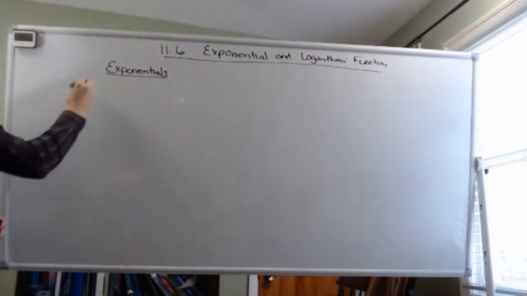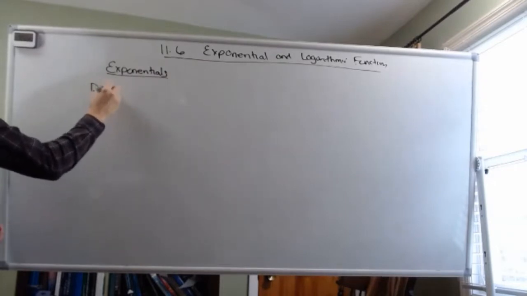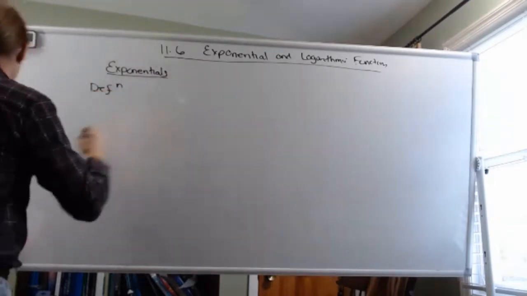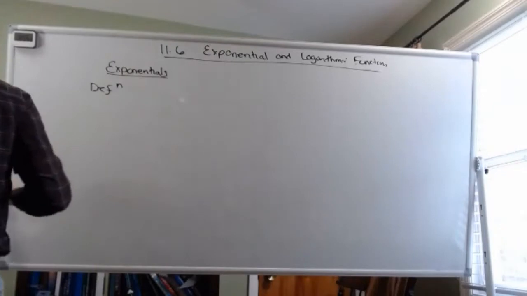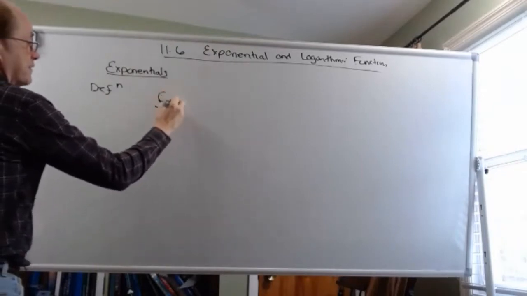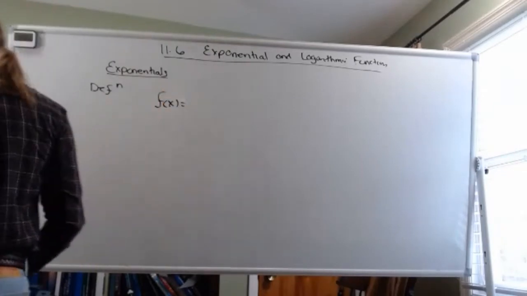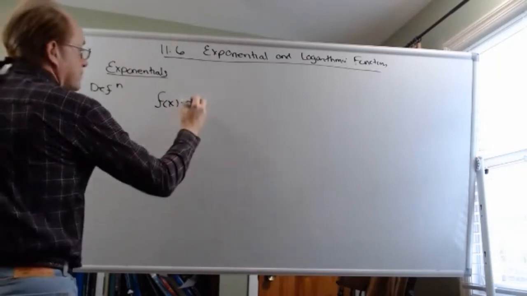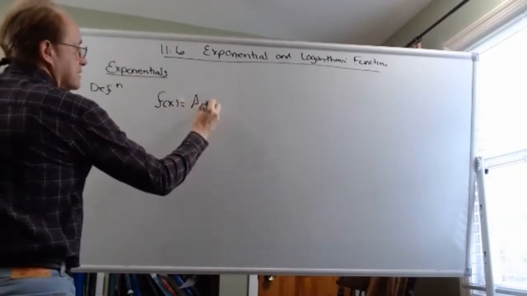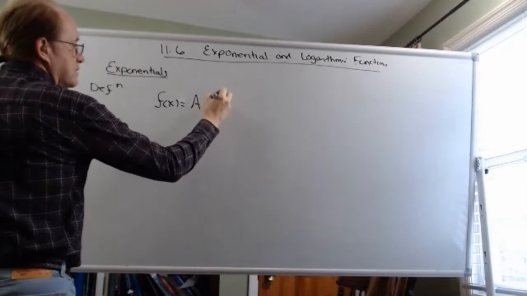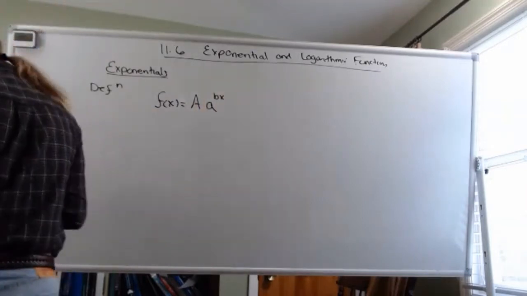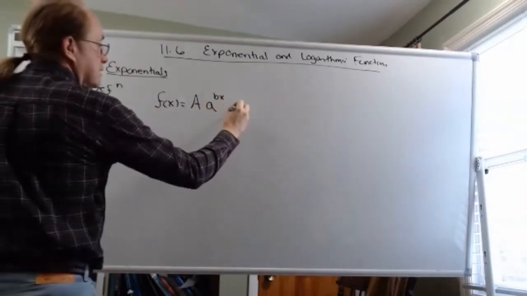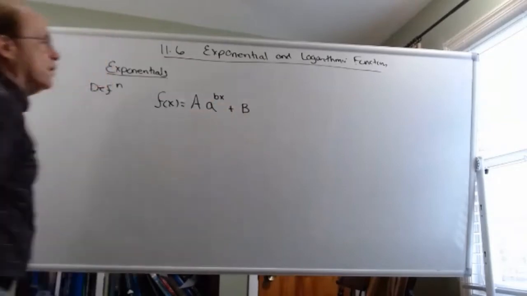So here we're going to define the model that we will look at. Our exponential model will look something like this. f of x is going to be some coefficient, we'll use the same coefficient A, times some base little a raised to the bx power, plus that same idea of an offset.